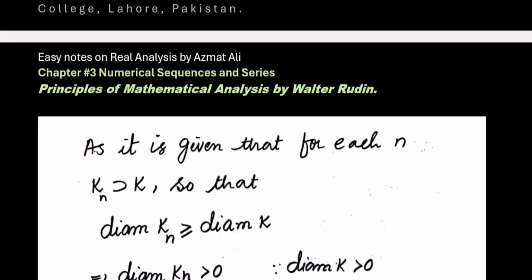As it is given that for each n, Kn is a superset of K. Now focus on this, how is Kn greater than K? What was K? K is the intersection of Kn, n is equal to 1 to infinity.